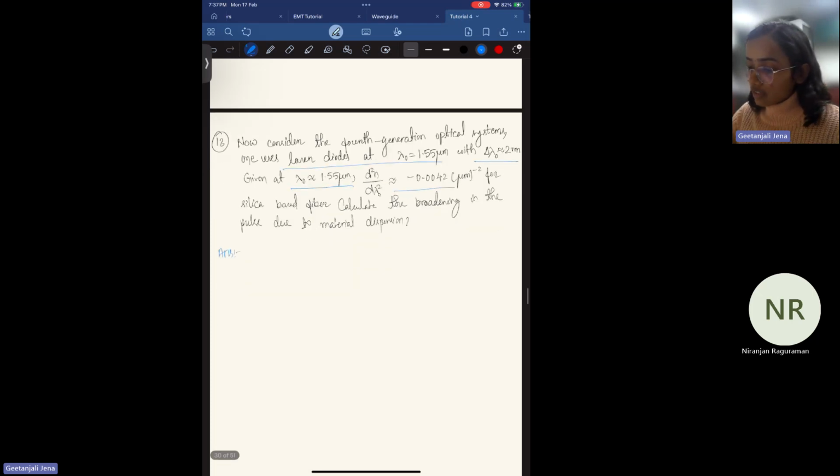This is similar, but here we'll see the broadening will decrease when we use laser instead of LED. So this is minus lambda 0 by c times d square n over d lambda 0 square.